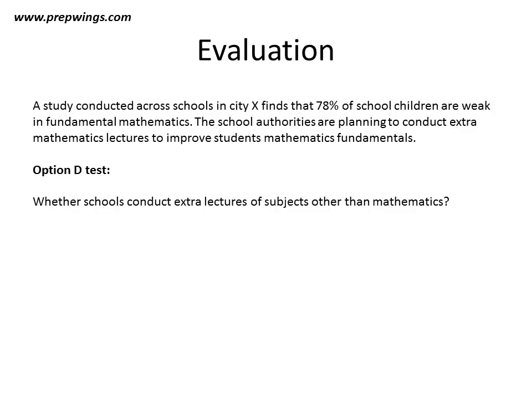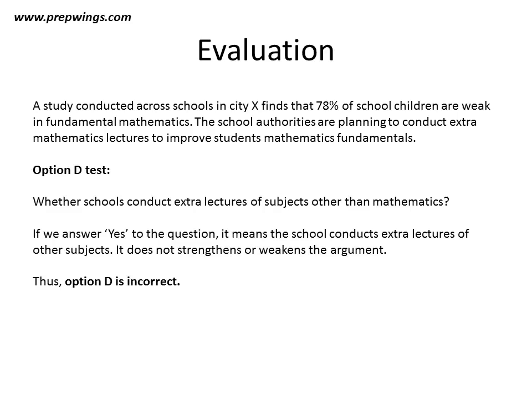Similarly, option D says whether schools conduct extra lectures of subjects other than mathematics. If we say yes, it means the school conducts extra lectures for other subjects. This in no way says that extra lectures for mathematics will or will not improve the fundamentals of mathematics for students. Thus it does not strengthen or weaken the argument.